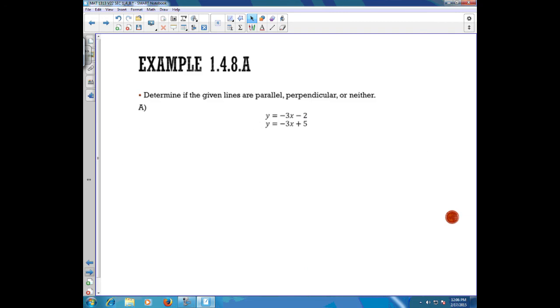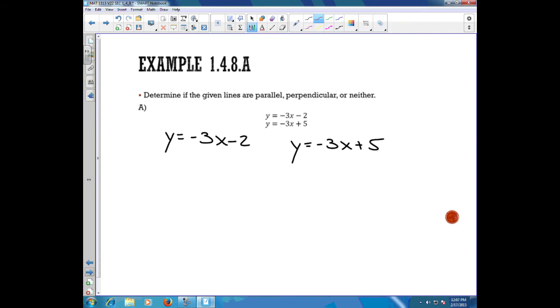So we want to determine if these given lines are parallel, perpendicular, or neither. Our two equations, y equals negative 3x minus 2, and y equals negative 3x plus 5.